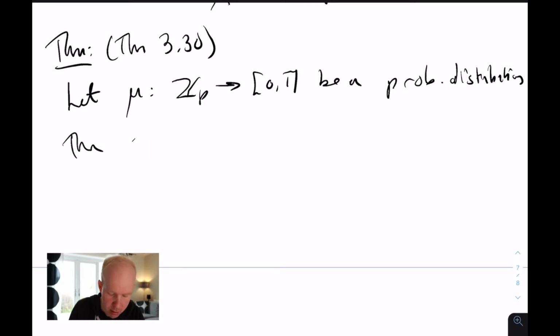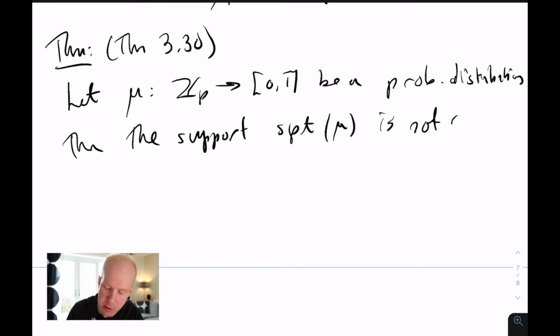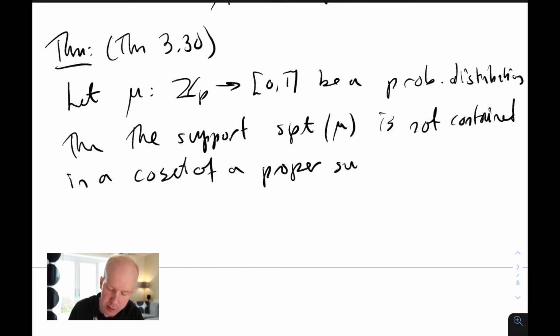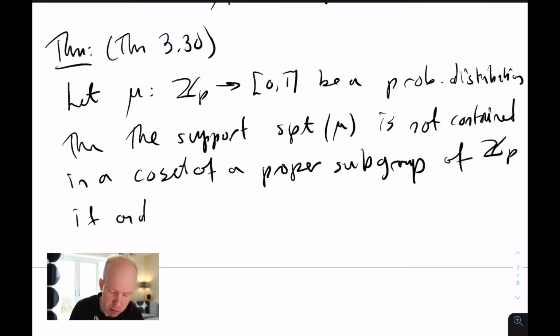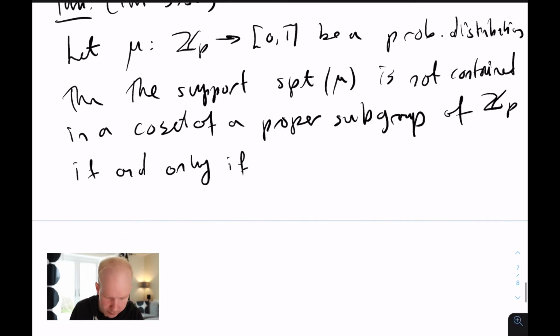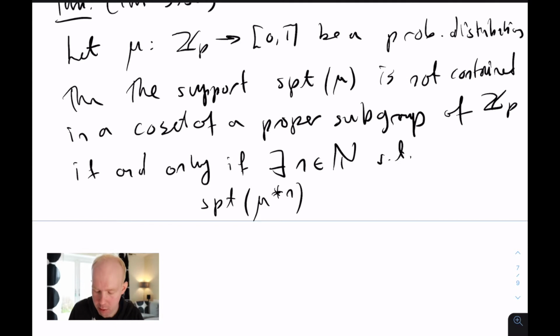Then, the analogous statement in this context, the support of mu is not contained in a coset of a proper subgroup of ZP if and only if there exists n in N such that the support of the convolution is equal to ZP.